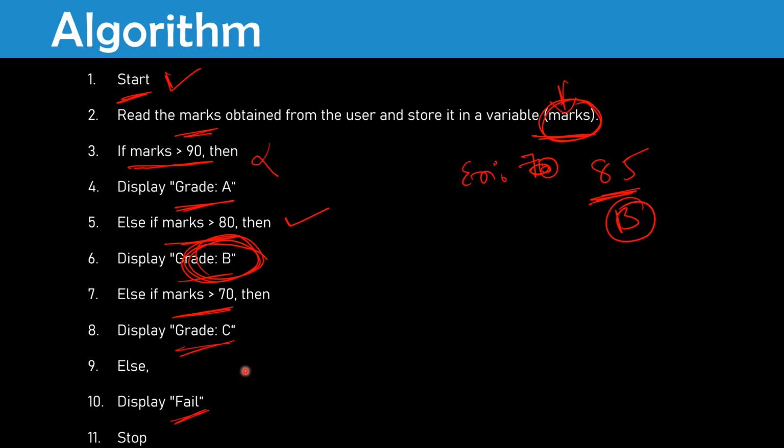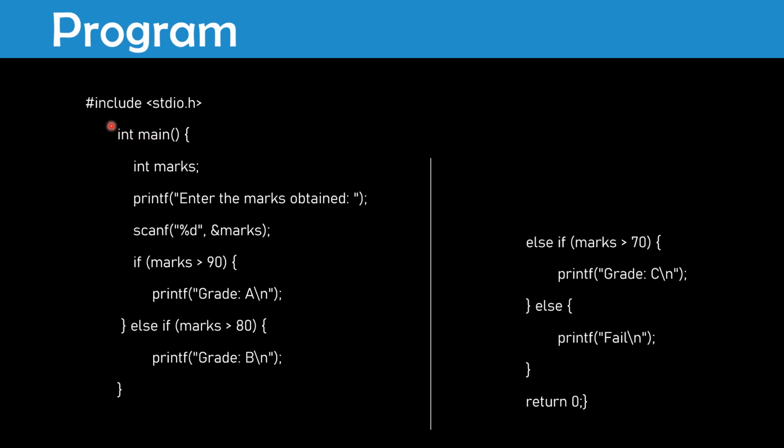Now let's go to the program. Don't think that it's only a C program. Whatever the language, the concept is the same and the logic is the same, only the syntax differs. Coming to my program, it is a C program, so I need to include header files: #include <stdio.h>. The return type of the main function is int, so at last I added the statement return 0.